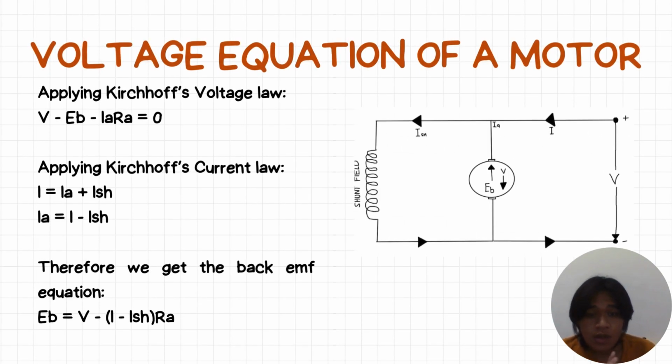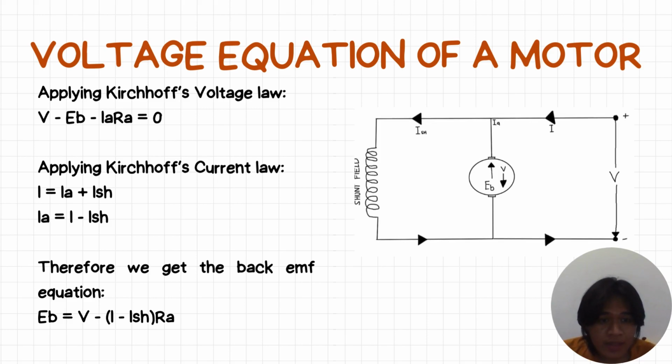So in this figure, we can see the circuit of a motor. Note that it is almost similar to the generator. It only differs, of course, in the voltage supply as well as the direction of the current. With that, we can now use the two basic laws, which are Kirchhoff's voltage law and Kirchhoff's current law.